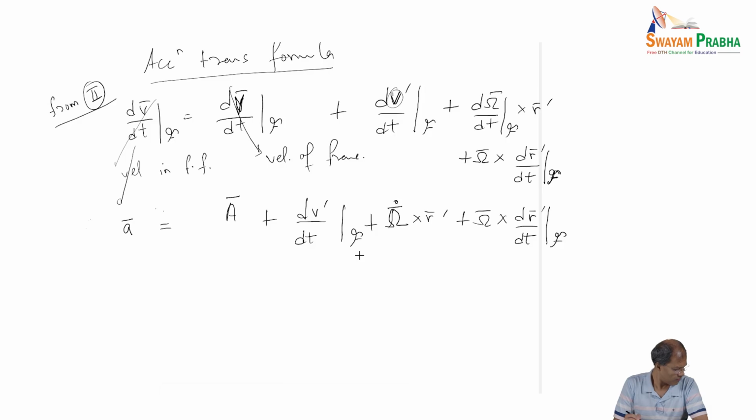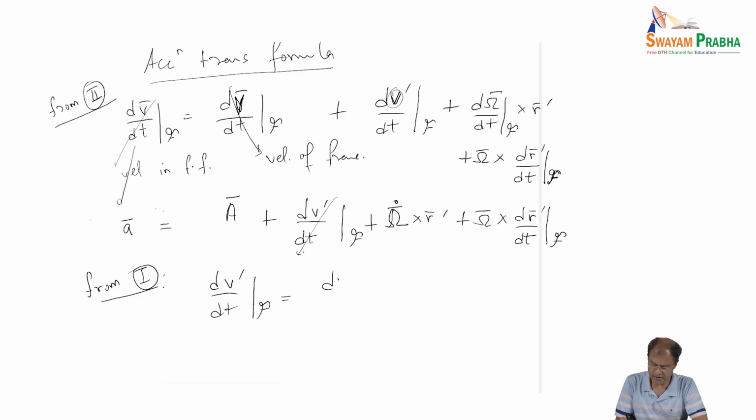Now from our relation 1, the velocity transformation formula 1, we can substitute this quantity. We see that dv prime/dt at f is dv prime/dt at f prime plus omega cross v prime.